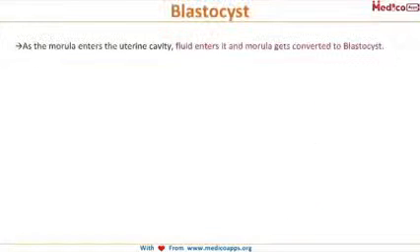Now I'll give you a brief idea about the blastocyst. Now as I told you that the morula, when it enters the uterine cavity, is covered by a film of mucus. Fluid passes through the canaliculi of the zona pellucida and enters the morula, separating its cells, leading to the formation of blastocyst.